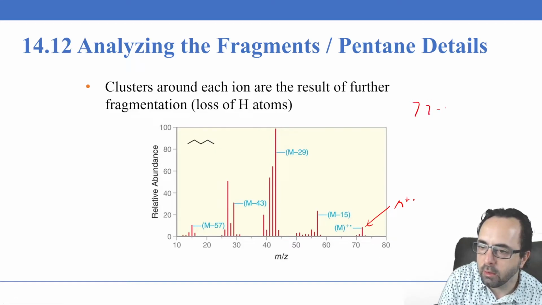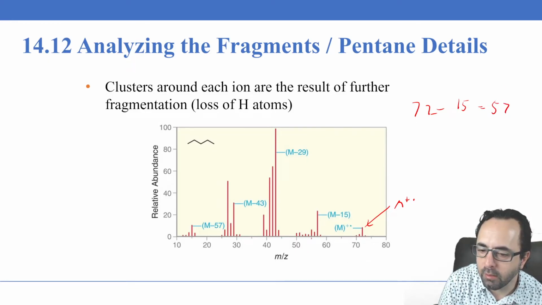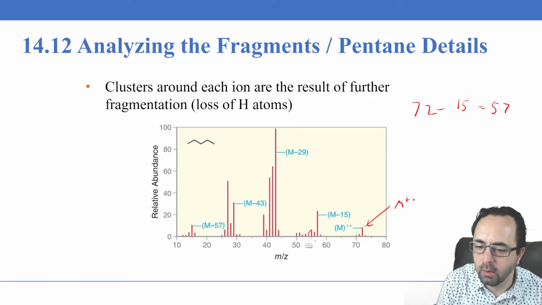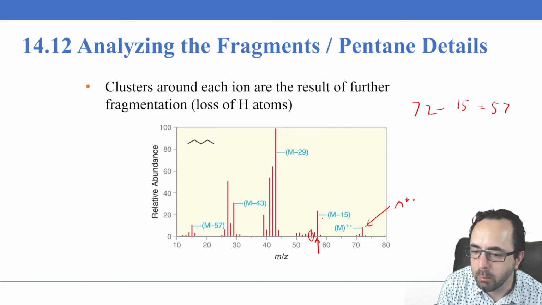So we say 72 minus 15. That's going to be 57. And so we look for the 57 peak. This is 55, 56, 57. So 57 is right here. This is the M-15. We can see we get a pretty significant fragment here.